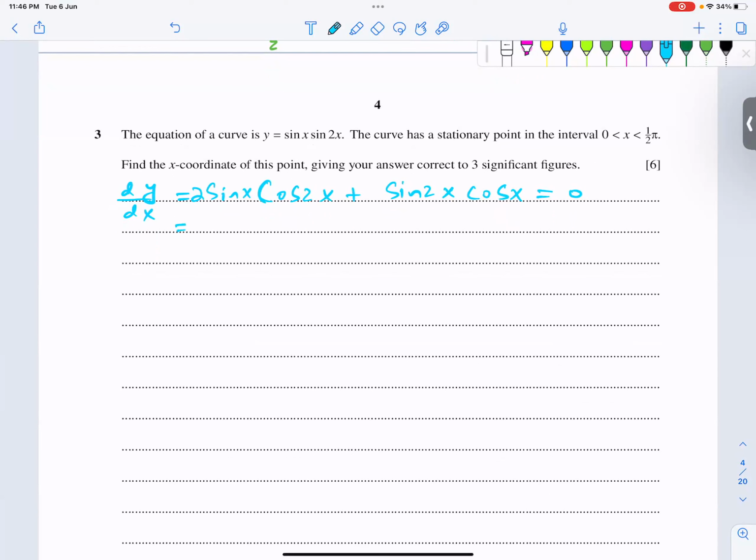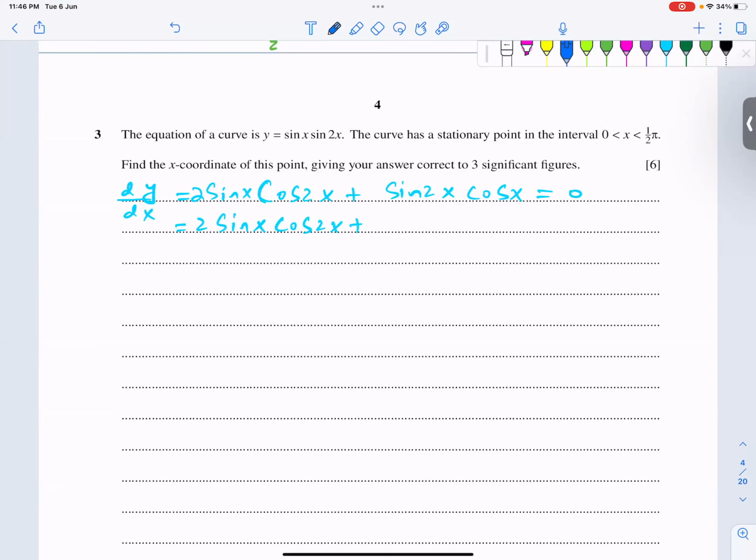Now there are different ways to solve this equation. The first way is to convert this whole equation to a single trigonometric function. Either you can convert this into sine x, or you can convert into cos x. So let me write first of all the formula for sine 2x.